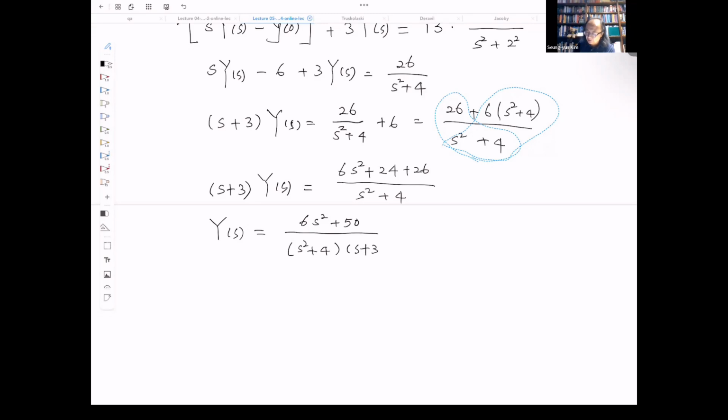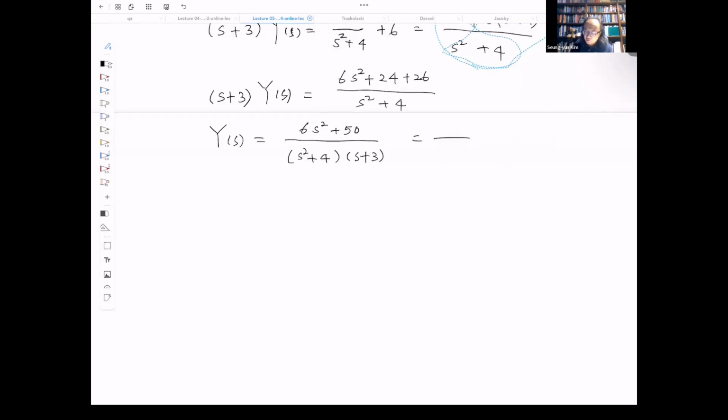Now we need to use partial fractions to separate the denominator. For the first one, s squared plus 4, the denominator is a square term, so the numerator has to be As plus B over s squared plus 4, plus the second term over s plus 3.